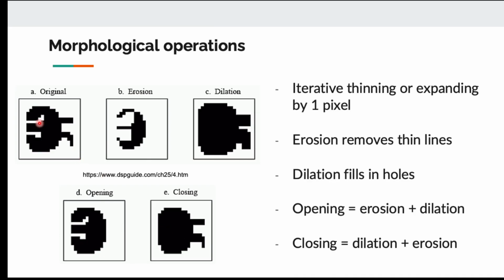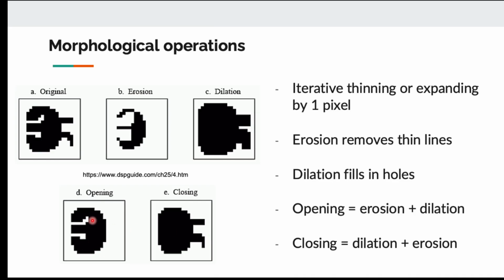But if you want to fill the hole first, you perform dilation first and you fill the hole first. But you don't want to make the noise on this part larger, so you perform erosion next. So the noise came back to almost the same size, but you fill the hole. So by doing these operations in sequence, you can solve the problem.